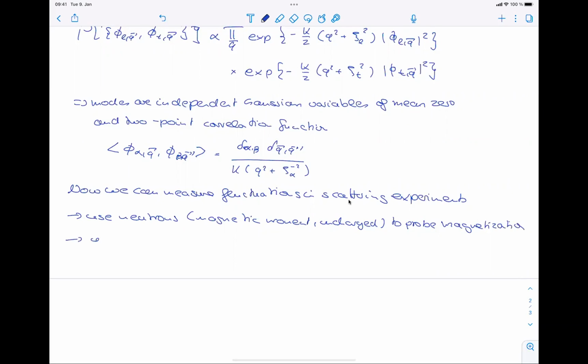And I can use spin polarized neutrons to probe longitudinal and transverse modes of fluctuations separately.